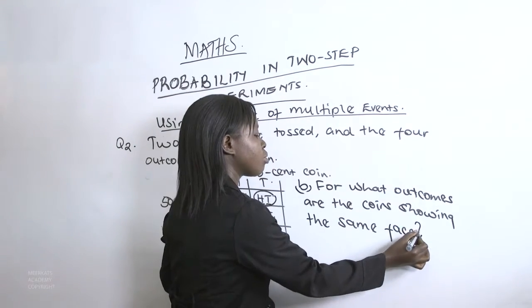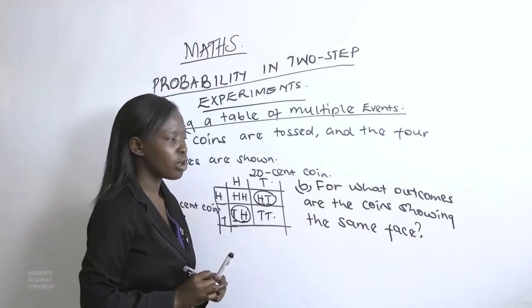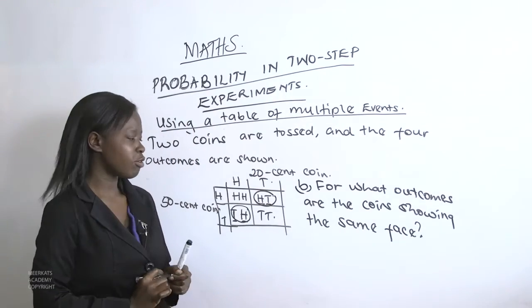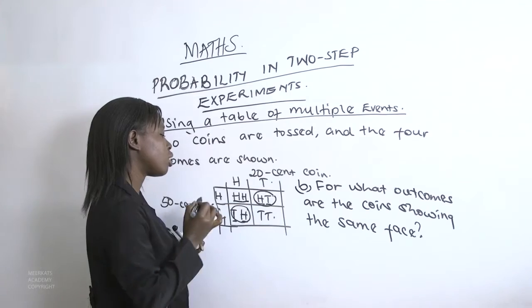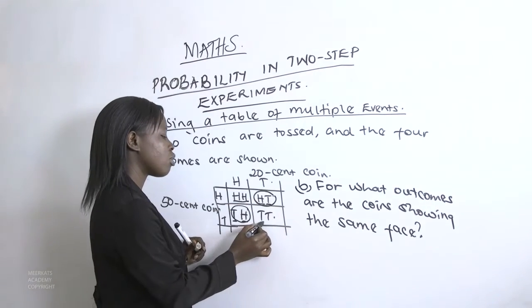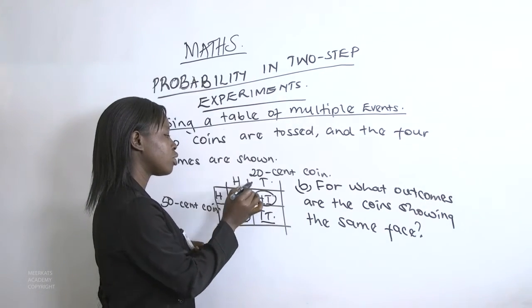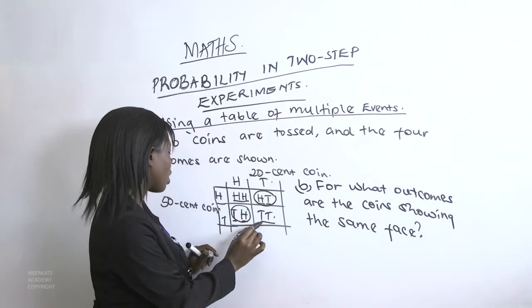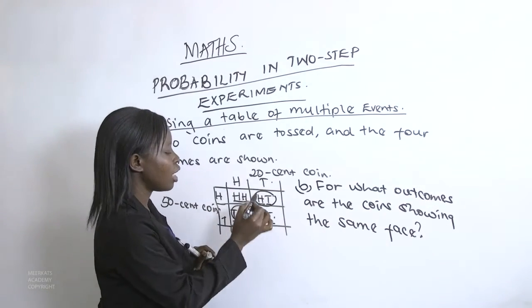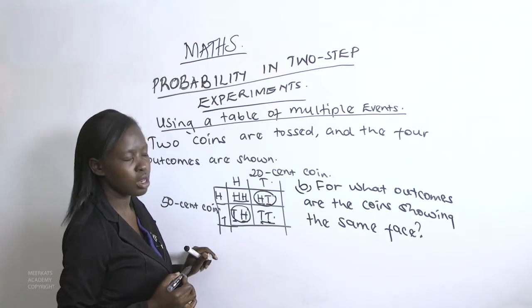So which outcomes are events, are the coins displaying the same face? So we find that we have an event where the 50-cent coin is showing the head, and we also have an event where the 20-cent coin is also showing the head, and another event is where the 50-cent coin is showing a tail and the 20-cent coin is showing the tail.